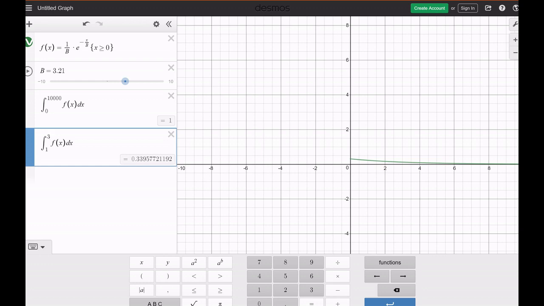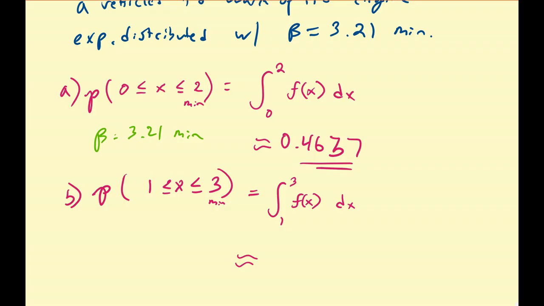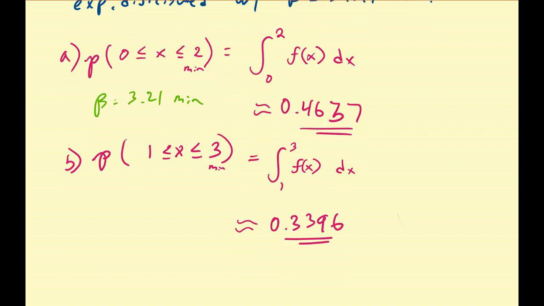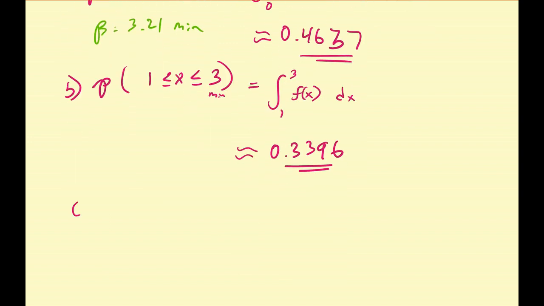So that's going to be 0.3396. And keep in mind, if your statistics course is more calculus based, then these integrals should actually be very easy to find using your fundamental theorem of calculus methods. But again, we're only focused on the probability and applications of it in this series.